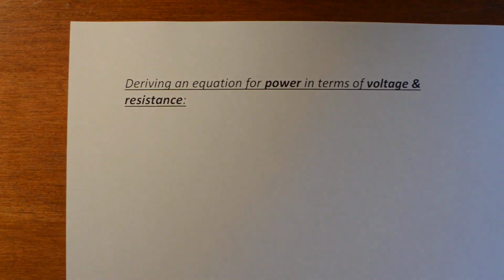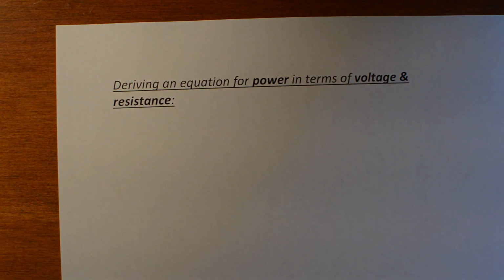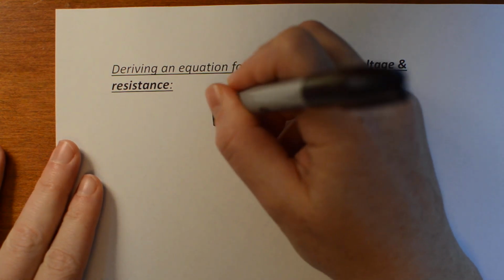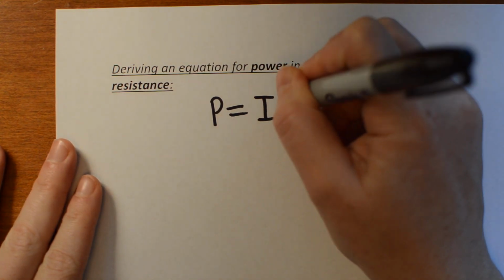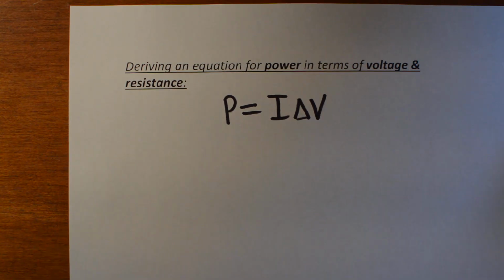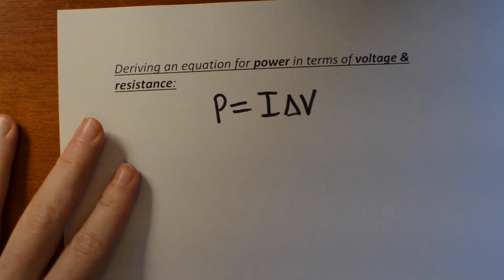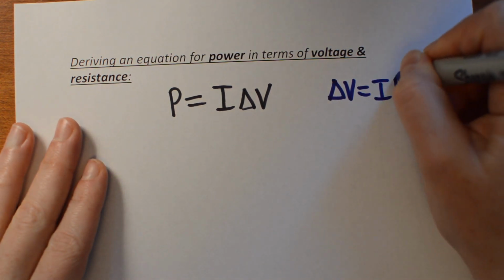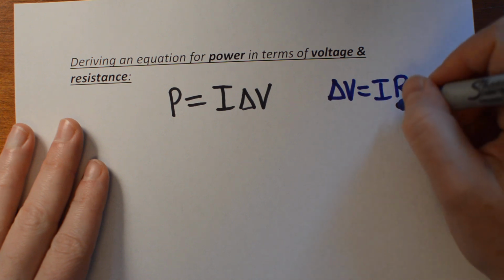And lastly, let's say you don't know the current, but you do know the potential, the voltage, and you know the resistance. Then we could get an equation for power this way too. So we'll start with I delta V. We're going to say we don't know the current, we just know potential and resistance. So let's use that same equation, delta V is I times R, but we'll just rearrange this time for current.